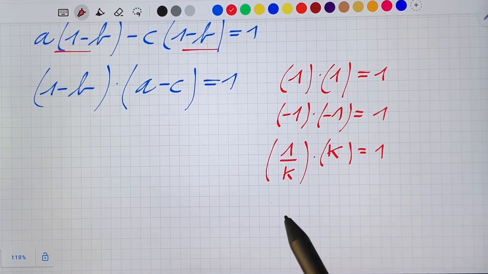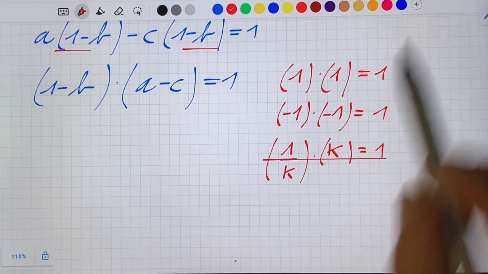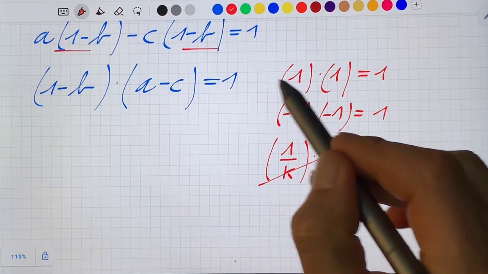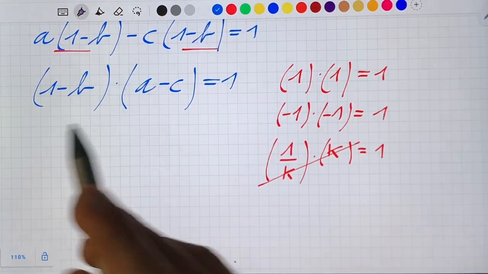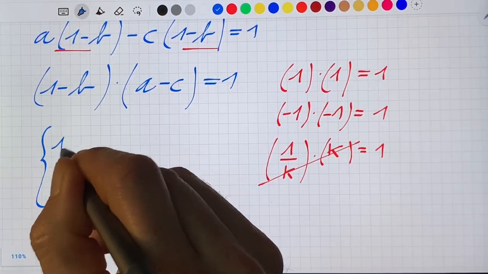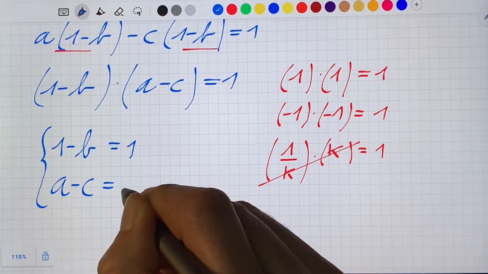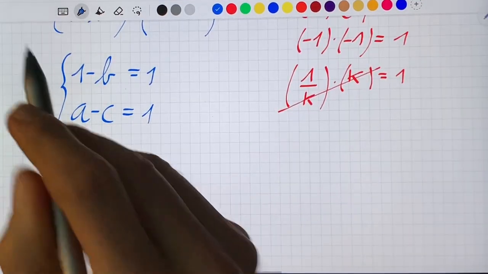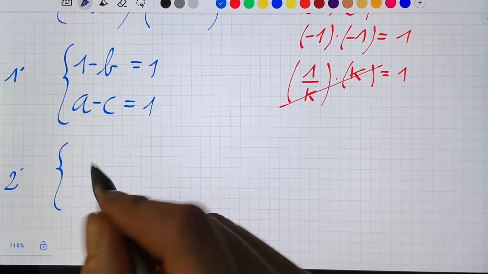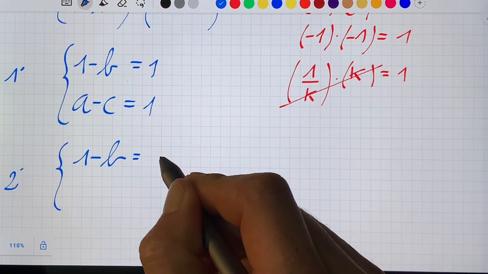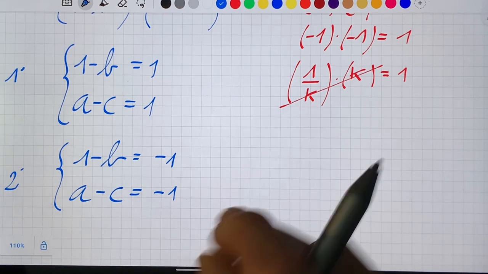But we have to discard this because 1 over k is not an integer value. So the possible solutions are, first case, 1 minus b equal to 1 and a minus c is equal to 1. Second case, 1 minus b is equal to negative 1, and a minus c is equal to negative 1.